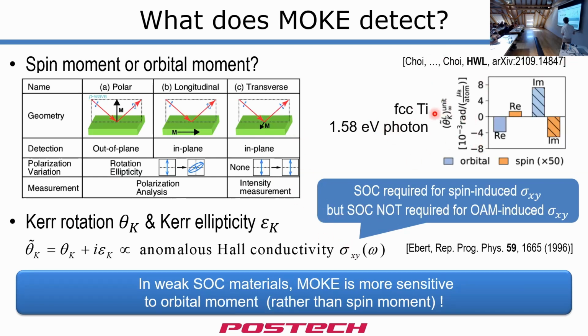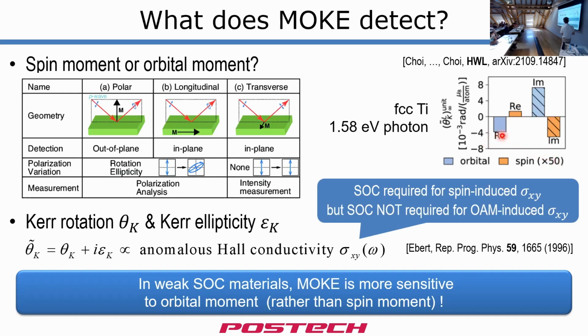Here, these blue bars represent theta k and epsilon k calculated for orbital moment. Here we simply assume that the magnetization is uniform and calculated the resulting Kerr angle and ellipticity. Whereas these orange symbols, or down symbols, represent the result from spin multiplied by a factor of 50.